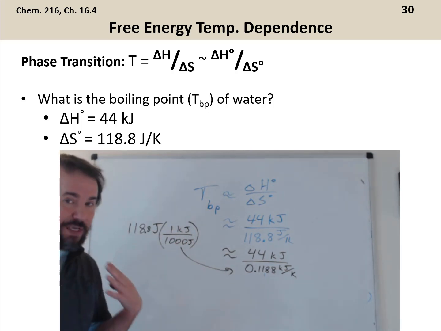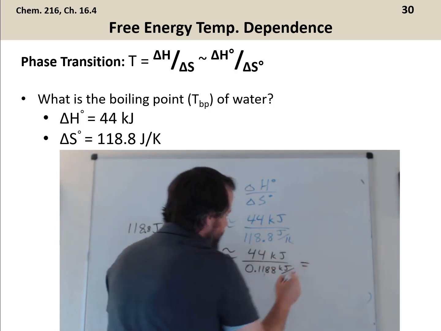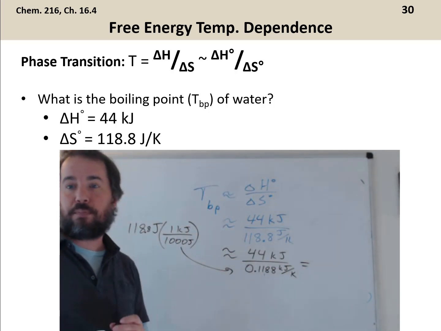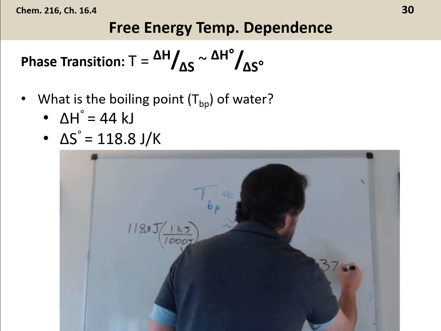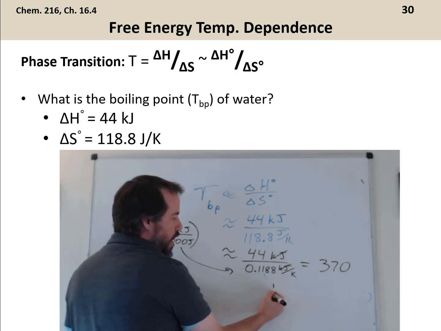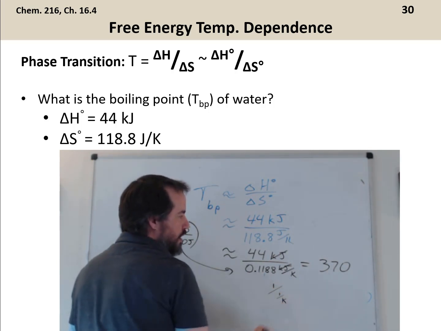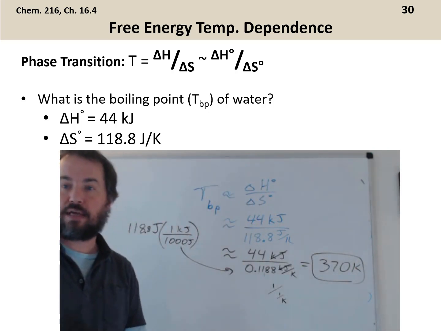Hopefully by now this is becoming second nature. Okay, so I can take this 44 divided by 0.1188. This is going to get me 370. Notice the kilojoules will cancel out, and I'll get 1 over Kelvin. So that's going to get me Kelvin. That makes sense.